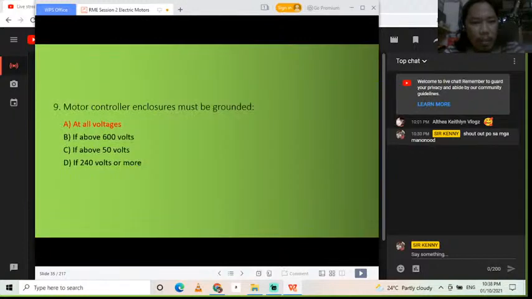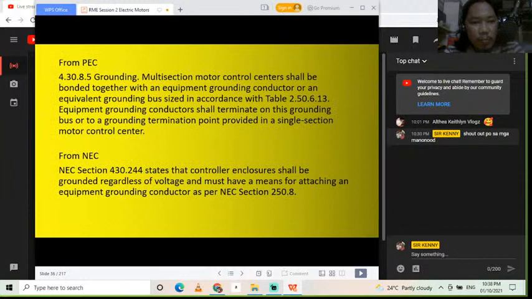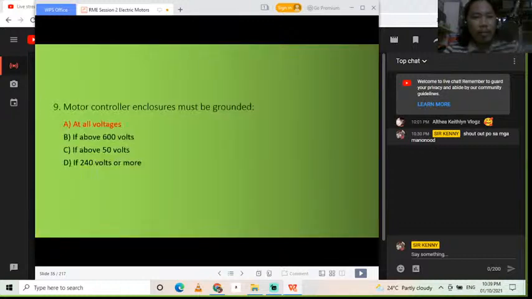So from National Electrical Code naman, states that controller enclosures shall be grounded regardless of voltage and must have a means for attaching an equipment grounding conductor as per National Electrical Code Section 250.8. So, binanggit na all voltage must be grounded, at all voltage levels.